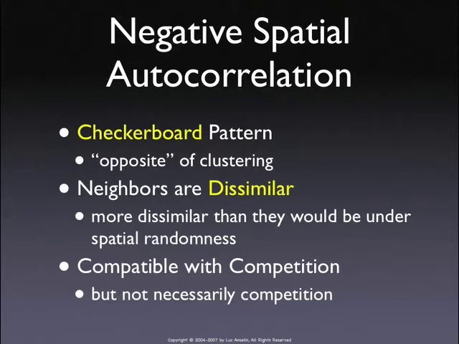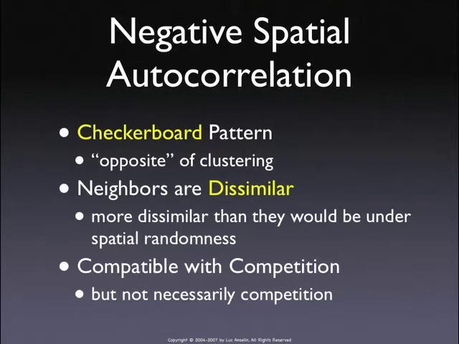So if you think of market areas, for example, and stores, the distribution of small grocery stores, they tend to spread themselves around in the city. They're not all next to each other because they each have their little market area of people who like to walk to the store. And so if they move themselves further away, they maximize their market area rather than all moving in the same spot.